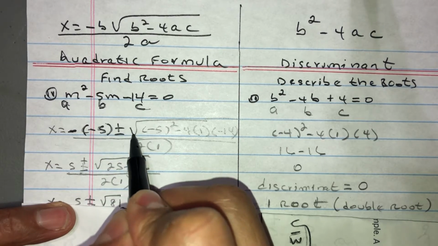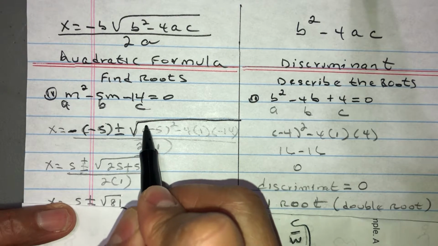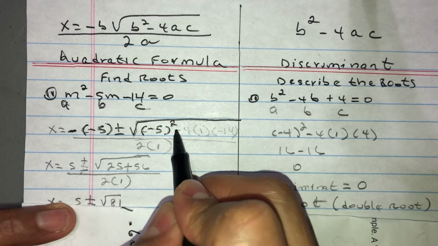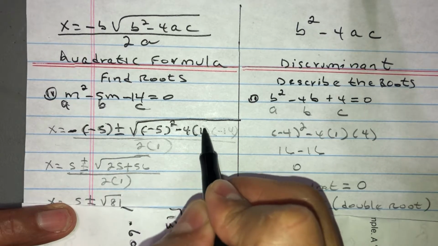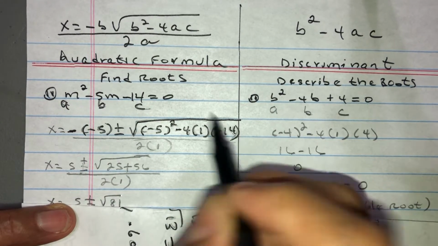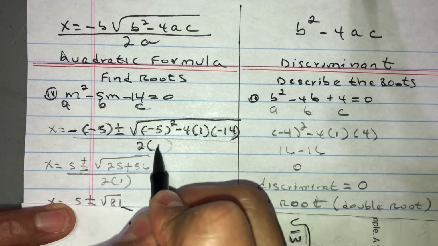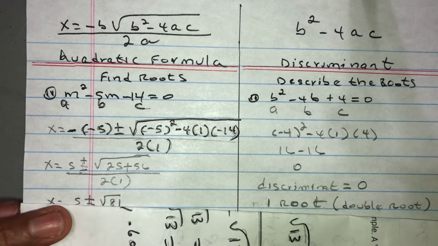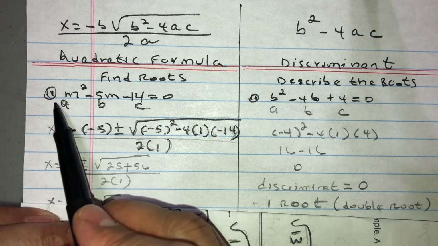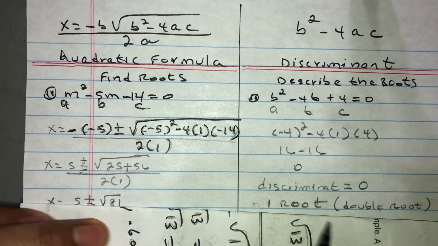Plus or minus the radical of B squared, which is negative, and every time it's negative, you have to put it in parentheses so you don't forget, minus 4 times 1, which is the value of A, times negative 14, which is the value of C. Everything divided by 2 times 1. That's another mistake that some of the kids are doing, because when A is not 1, you have to multiply by that number, and that's the example that I put on the bottom.